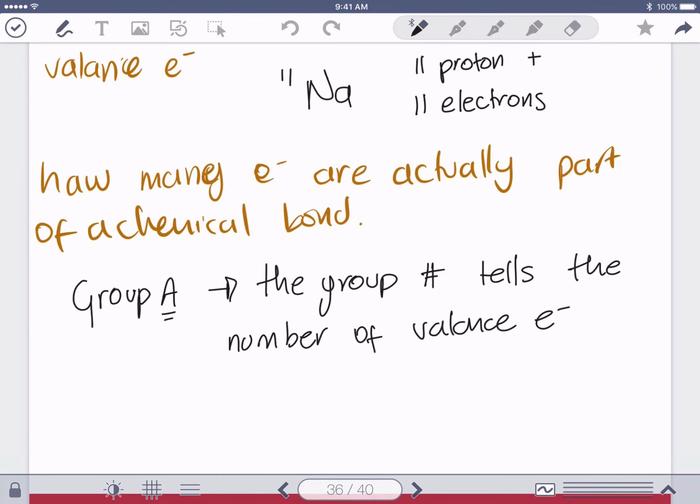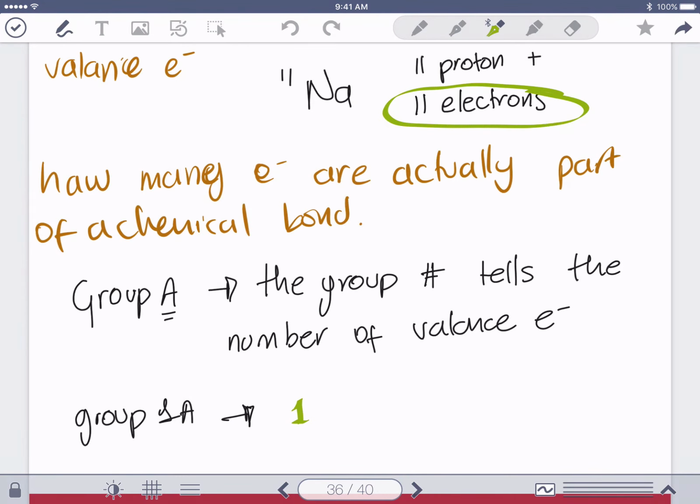Sodium is in group 1 of the periodic table. So group 1A. What does that mean? It means that out of all the 11 electrons, only 1 electron is a valence electron. So sodium has 1 valence electron. Let's practice some of this.